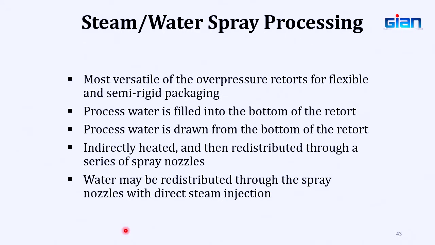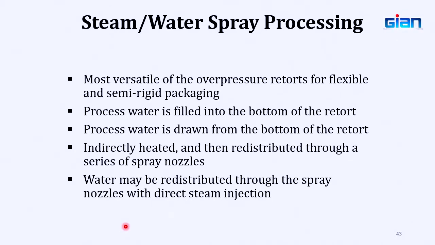And in the case of steam and water spray processing, this is very versatile. You use it both in the US and Europe. In this case, the process vessel is filled at the bottom of the retort, and process water is drawn from the bottom of the retort. And you add indirect heating to redistribute this steam-water spray.